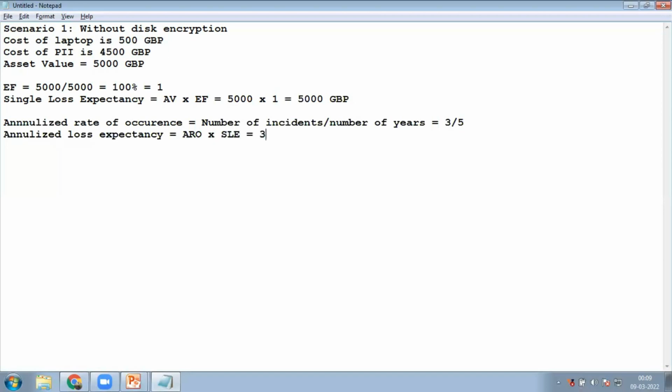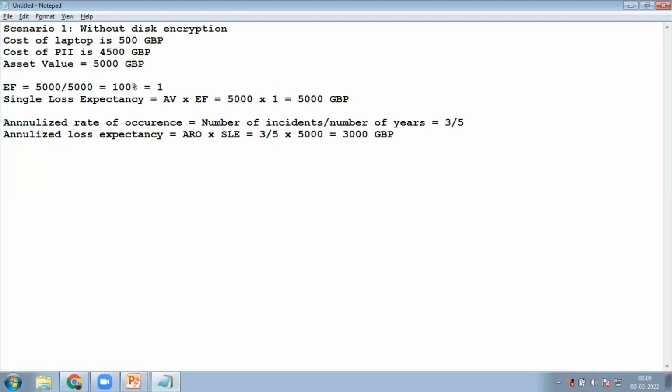So it's going to be 3 by 5 multiplied by 5,000 pounds, equal to 3,000 pounds. 3,000 pounds is what the company is actually losing, annualized.